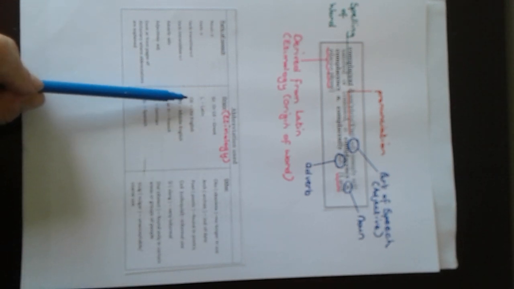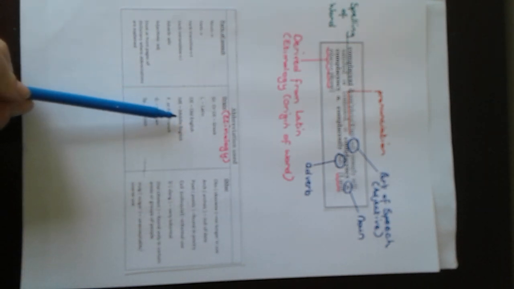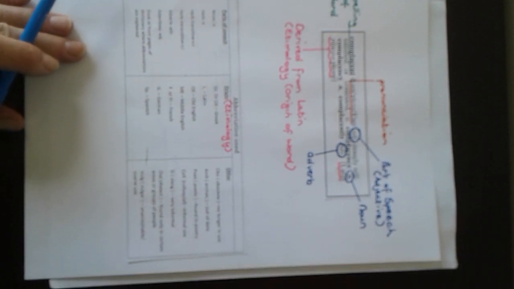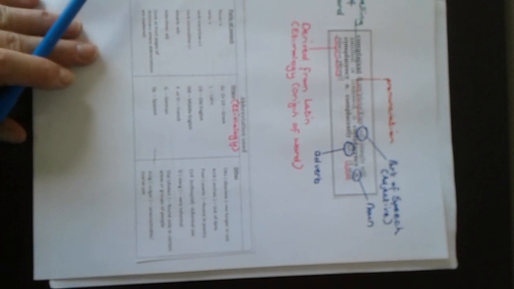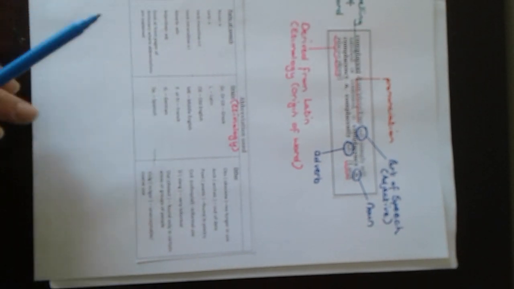Latin is L. OE, Old English. ME, Middle English. FR or F, French. G, it comes from the German language. And SP, Spanish.